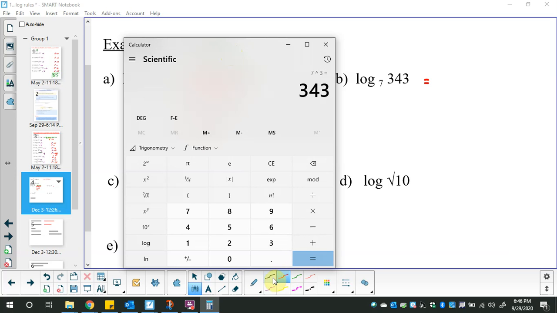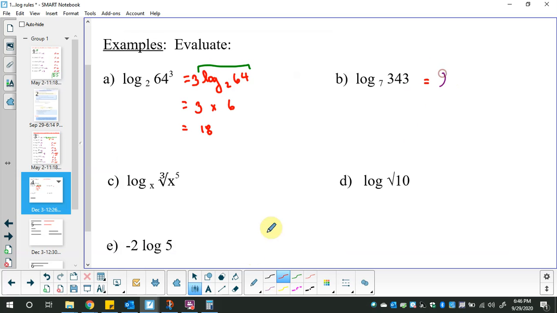So that means that you could technically put in this line right here. And another thing is, if you notice here, that answer was 6.